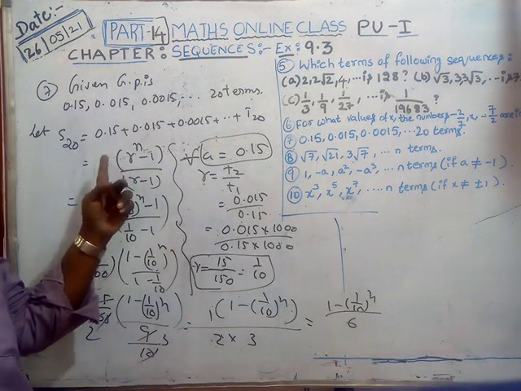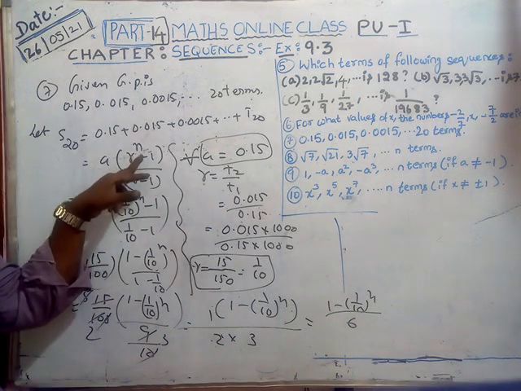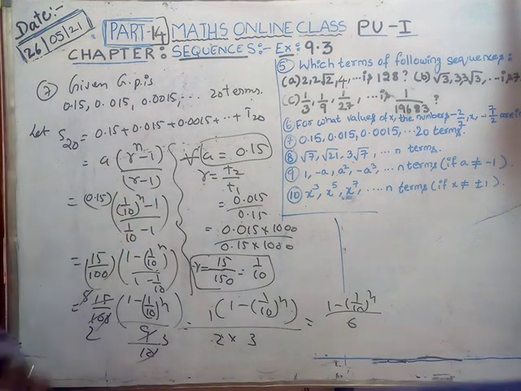Here, in A of r power n minus 1 by r minus 1, we can also write 1 minus r power n by 1 minus r.